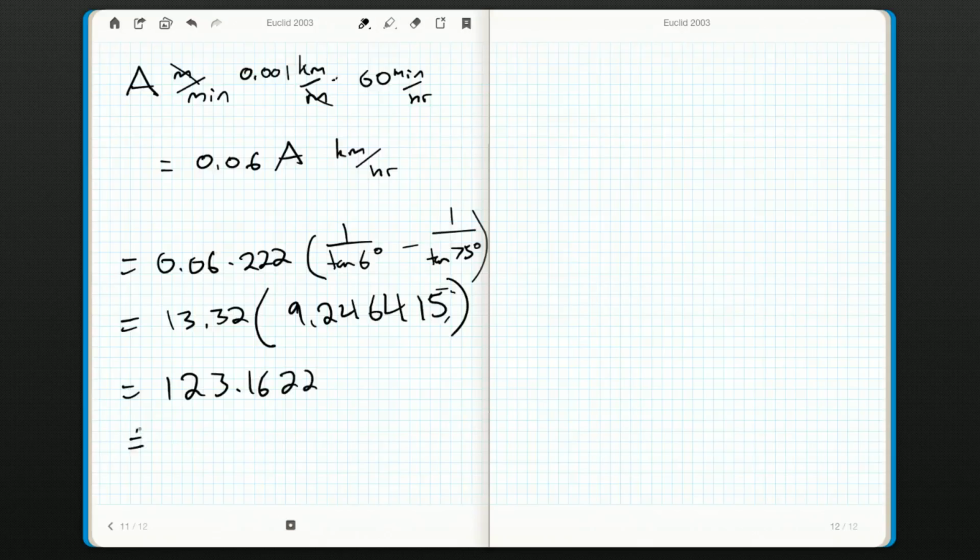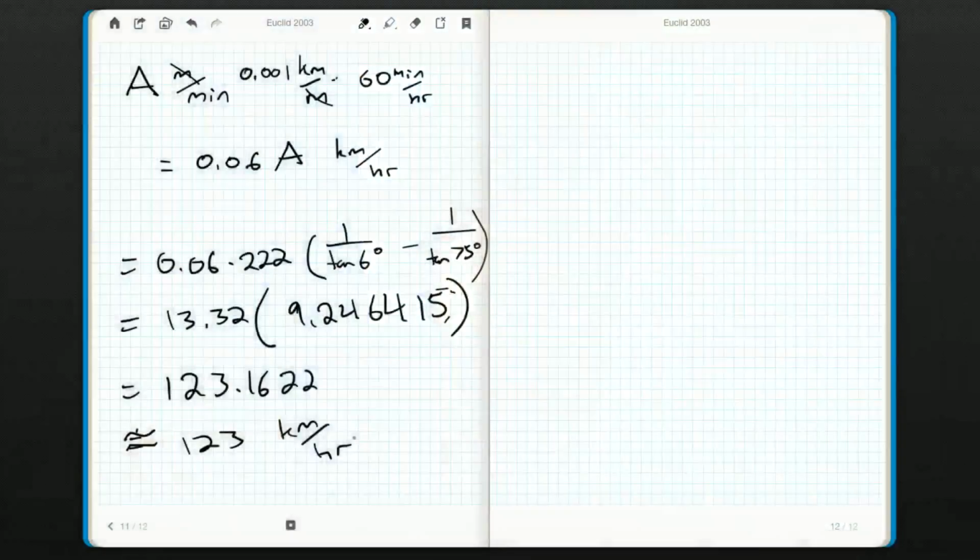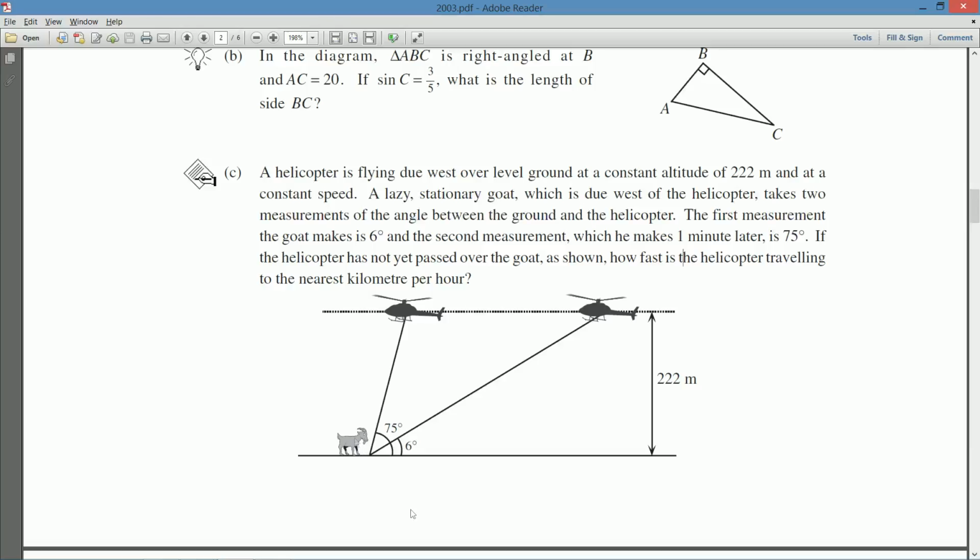And they said round to the nearest kilometer per hour. And that is 123. And I'm just elated that after all these years, my memory really serves me. 123 kilometers per hour, to the nearest kilometer per hour. And if we go back to the question, that's what they asked.